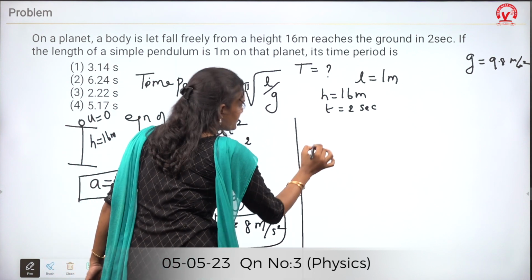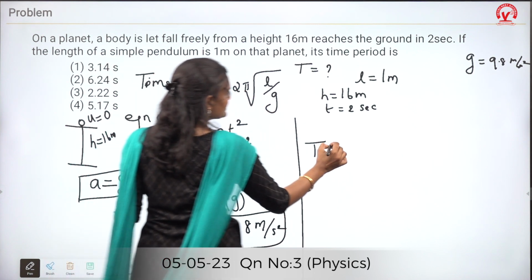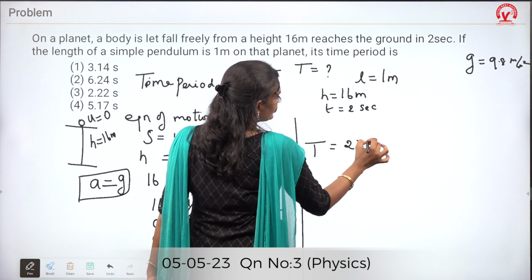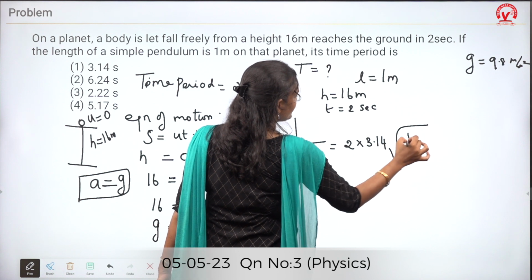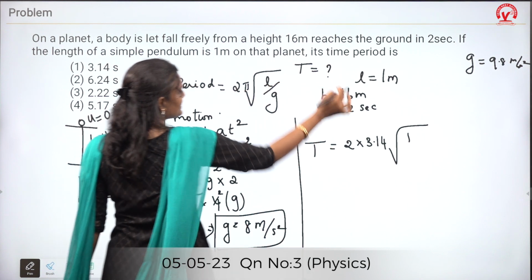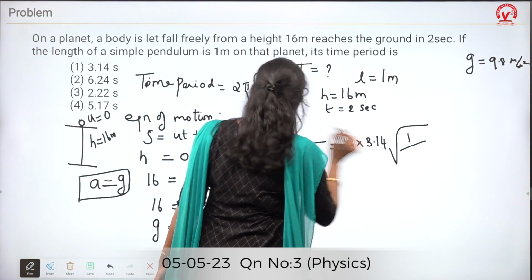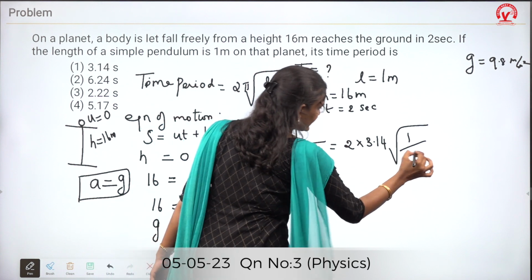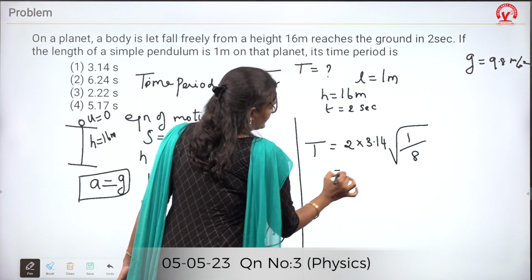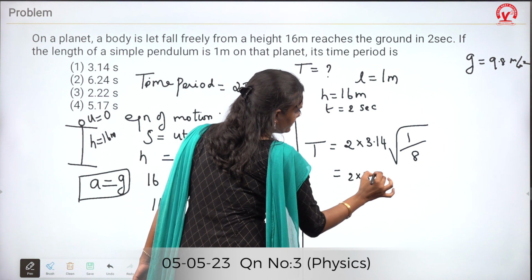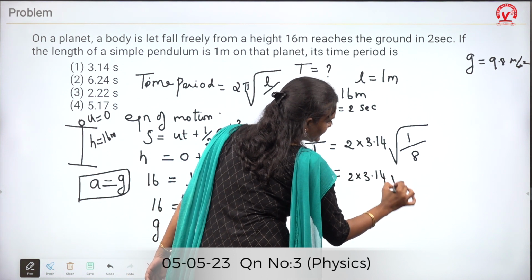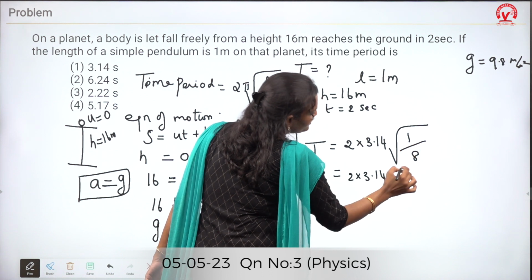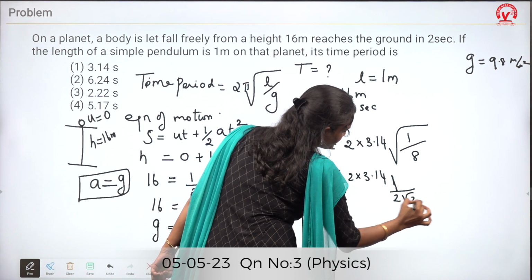So T is equal to, applying this formula, 2 pi, with pi as 3.14, root of L, the length of the pendulum being 1 meter, divided by g, now 8. That is 2 into 3.14 times 1 divided by root 8, which is 2 into 2.